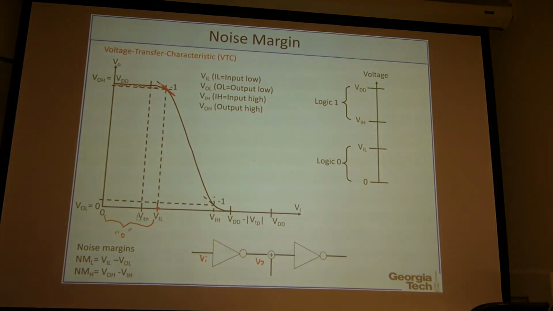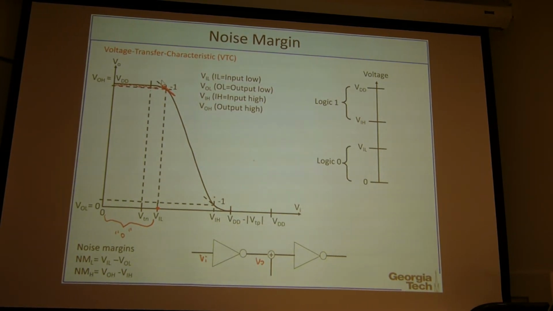Or in other words, we can define this as the noise margin for the inverter. That means even if your input is not an ideal 0, if you have some noise in this range, your input voltage is in this range, the output can still be reasonably good as a high voltage.